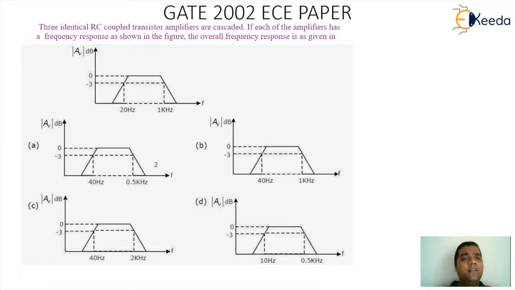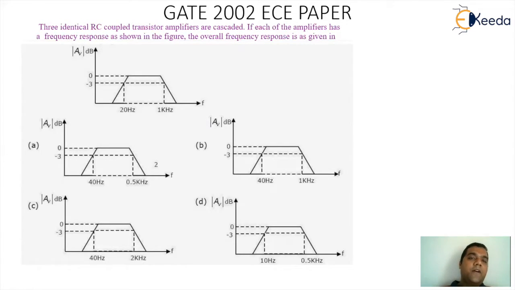So there is a figure which gives the frequency response of one transistor circuitry. The gain AV in dB is on the y-axis, frequency on the x-axis, and the 3 dB points are 20 hertz and 1 kilohertz. So this is basically the lower cutoff and higher cutoff of a single stage RC coupled transistor amplifier.